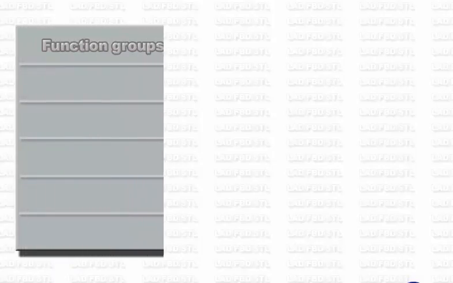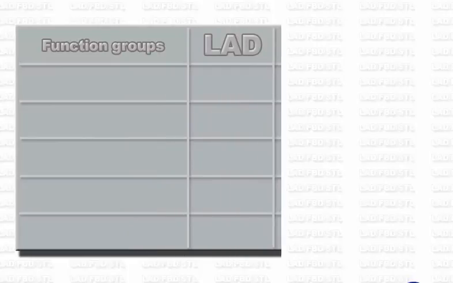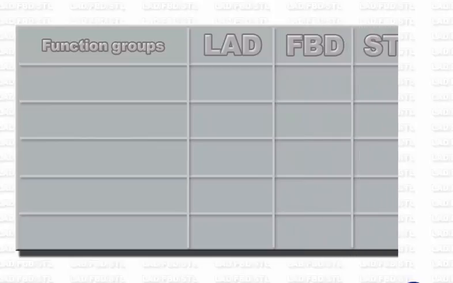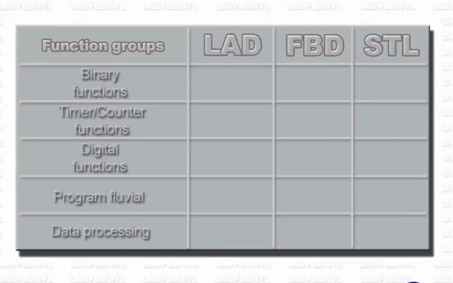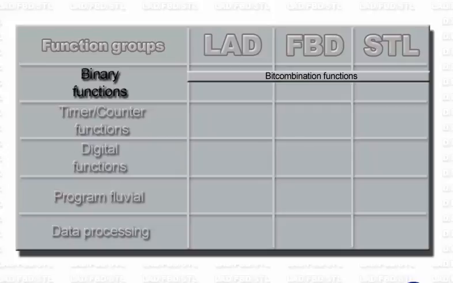These three languages have a representation format that makes them easy to learn, but offer at the same time an extensive inventory of functions or commands which allow you to handle almost any typical automation task. Several function groups are distinguished depending on the task in hand. In the function group of binary functions, all combination tasks can typically be resolved with binary operands.